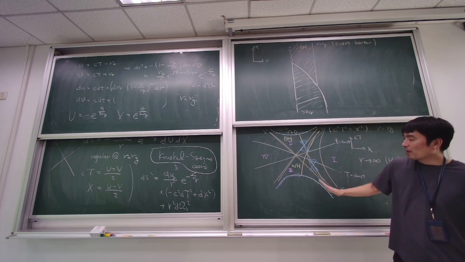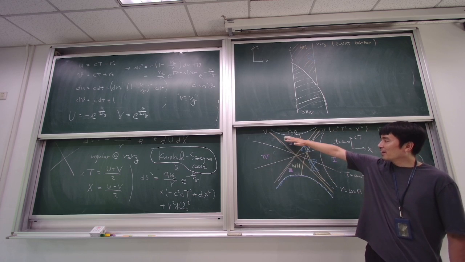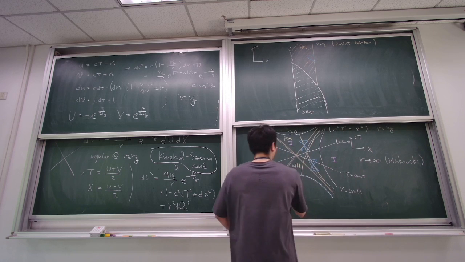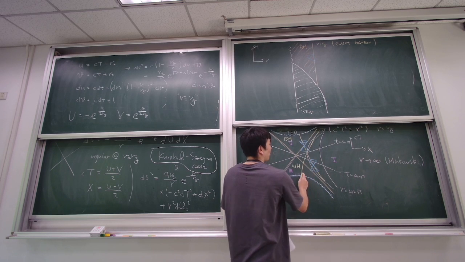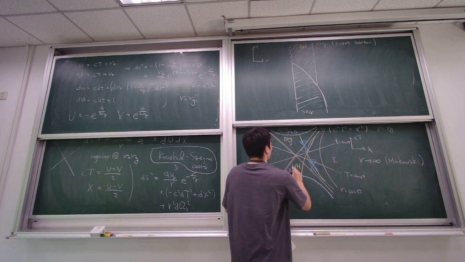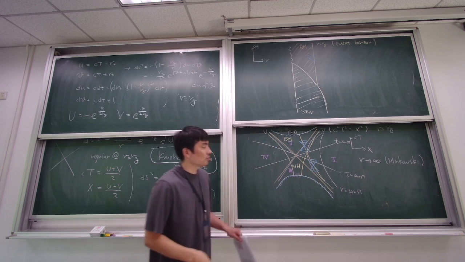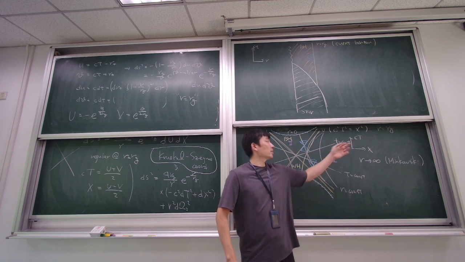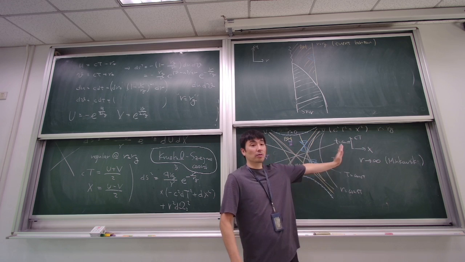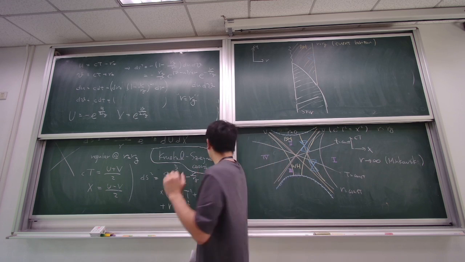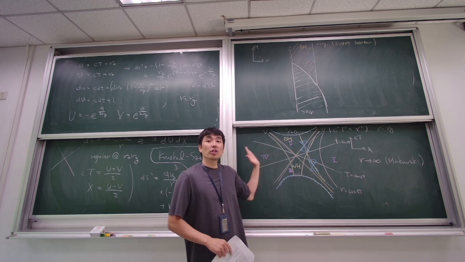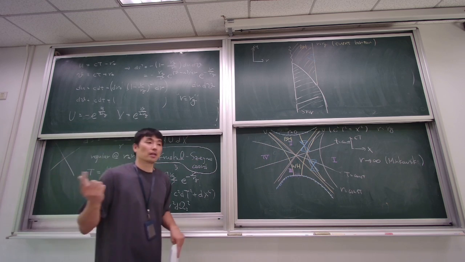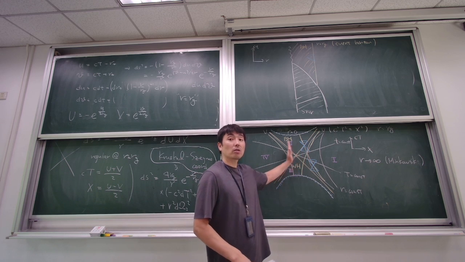Once you create a white hole, one can consider the following process. If you have some particle moving from here, or maybe moving in the other direction like this way, capital X can be negative, right? This is the positive direction and the negative direction. So one can analytically continue the Schwarzschild solution to capital X going to infinity.